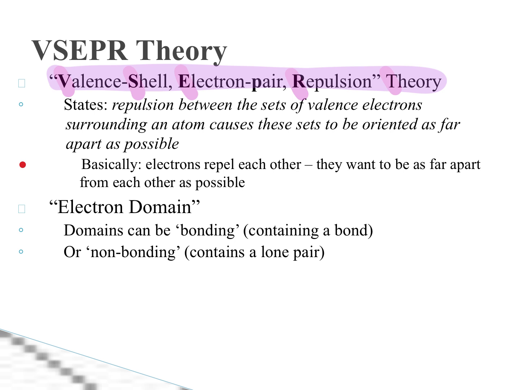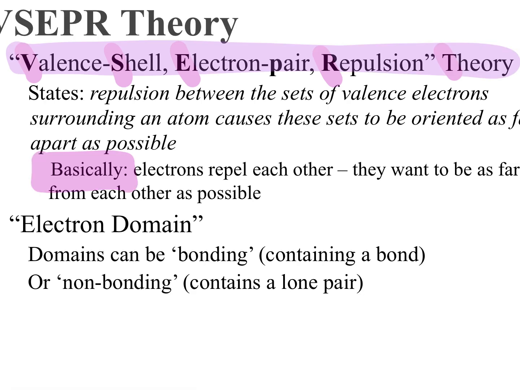Okay? So I want you to write down that acronym right now because that's something I'm going to ask you to memorize. It stands for valence shell. What does that tell me about the electrons that we're dealing with? Are we dealing with the inner electrons or the outer electrons? The outer electrons.